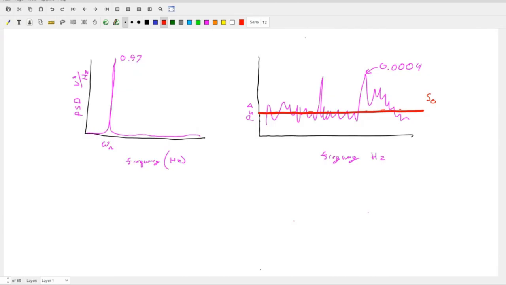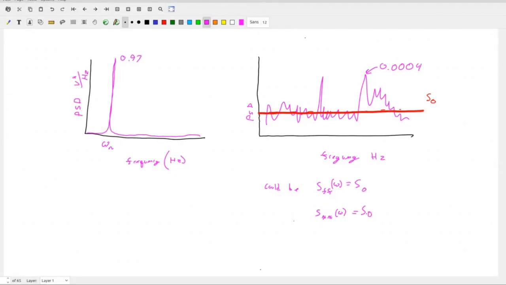So, it could be SFF of omega is equal to S0, or SXX of omega is equal to S0, right?